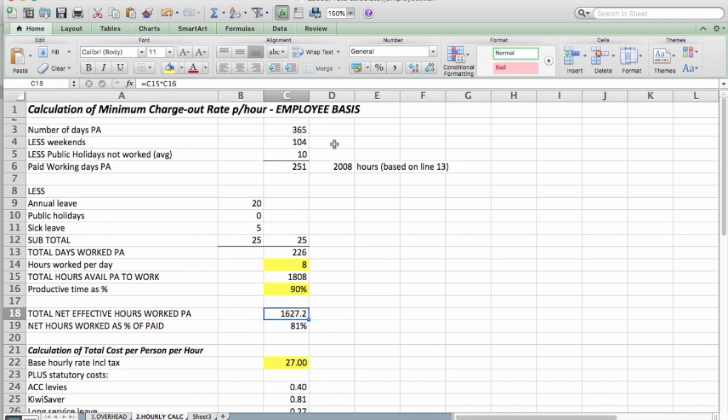I've just said here 90% is the maximum productivity you get out of that person. So the net effective hours after allowing for that productivity is really closer to sort of 1,600 hours. So when you compare it with what you are paying for, 2,000 hours roundabout up here, with how much true productivity you're going to get out of that person, at best in this particular situation, it's 80% productivity, and that can be a bit of a shock to some people.